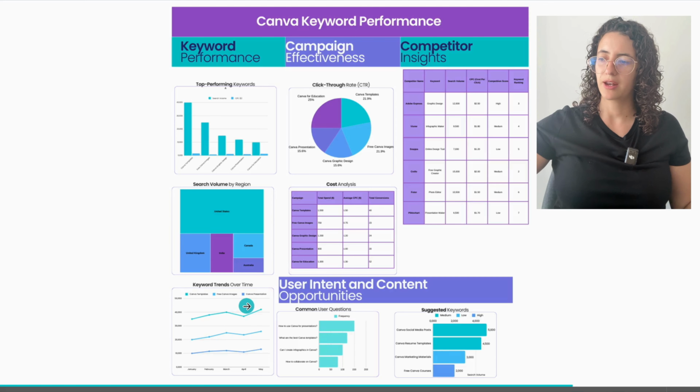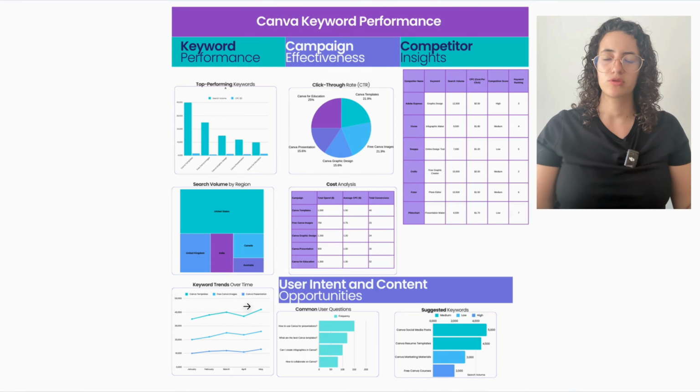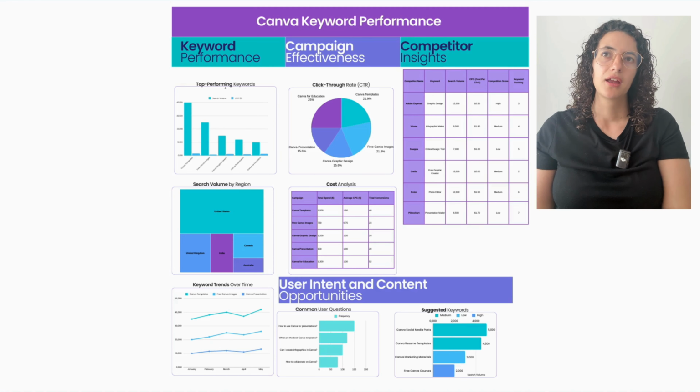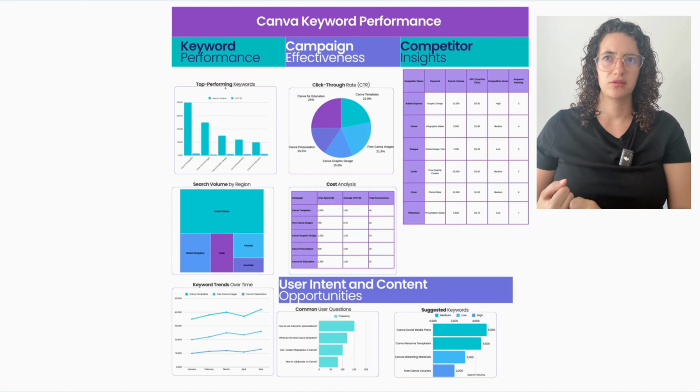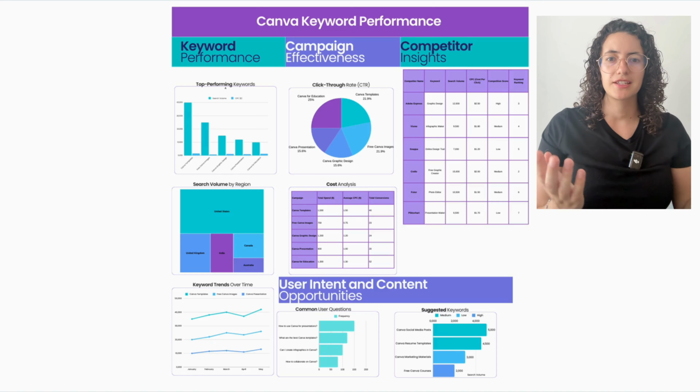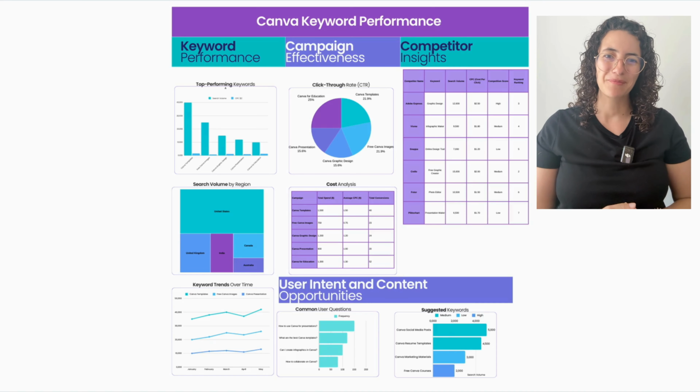On the bottom of that part, we are also seeing keyword trends over time. So this means that people might be searching Canva's presentations in January and more Canva docs in February. Let's just say as a mock example.